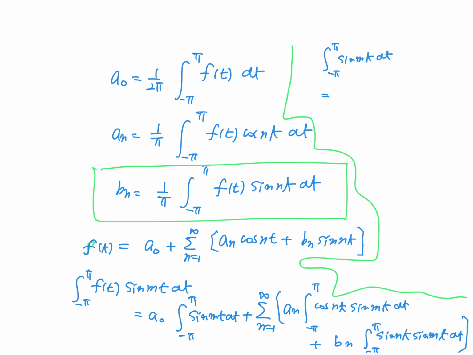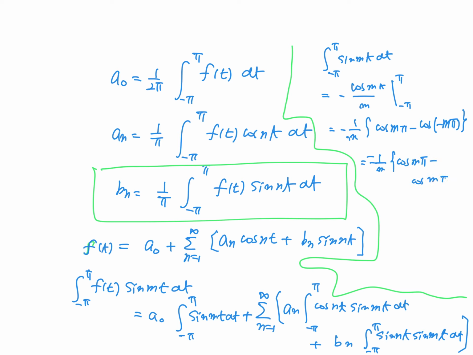Minus cosine, so it's minus 1 over m cosine mt from minus pi to pi, which is minus 1 over m times cosine m pi minus cosine of minus m pi. But cosine of minus m pi is cosine m pi, so this is minus 1 over m times cosine m pi minus cosine m pi, which is 0, right?